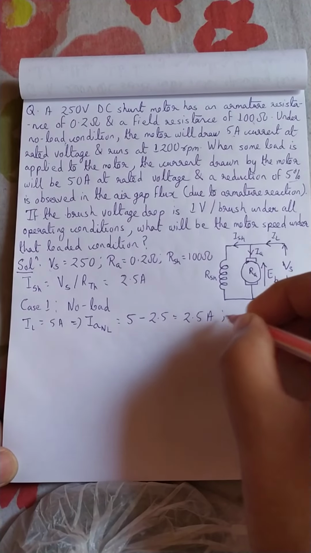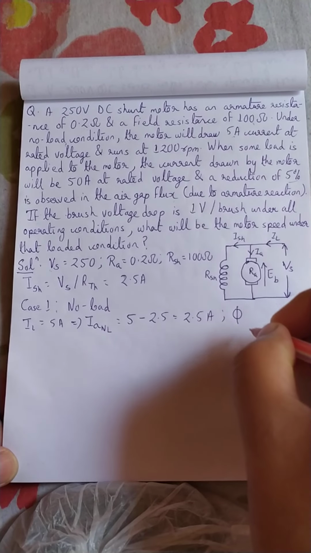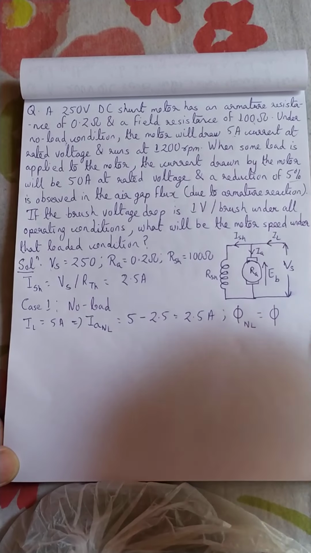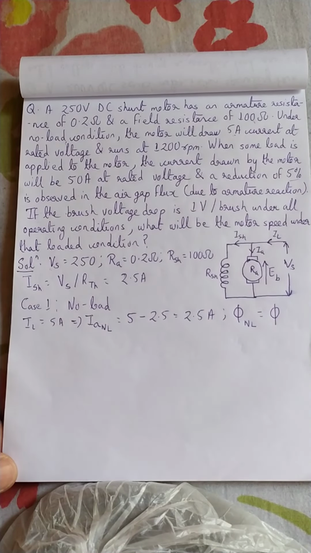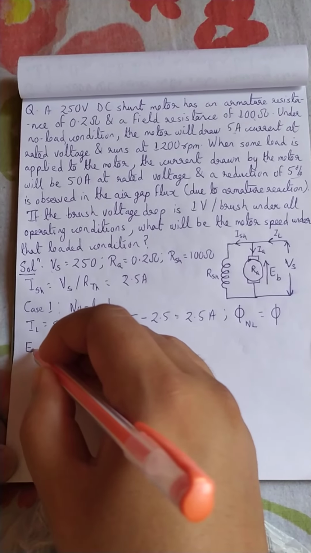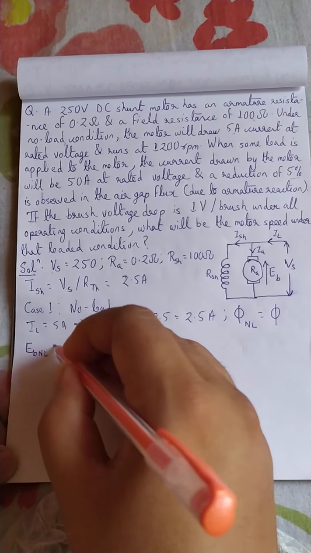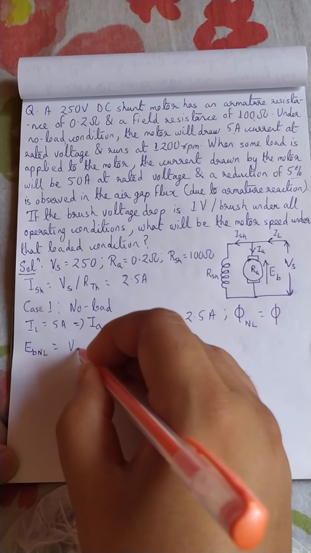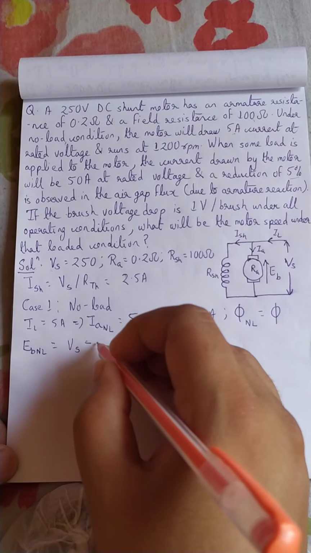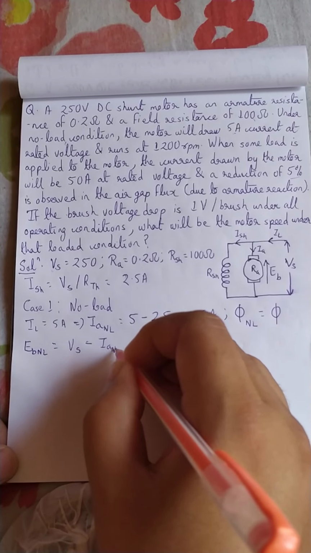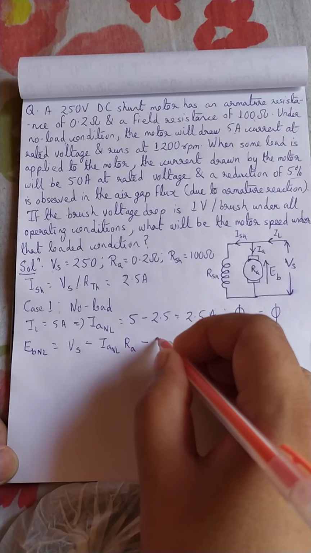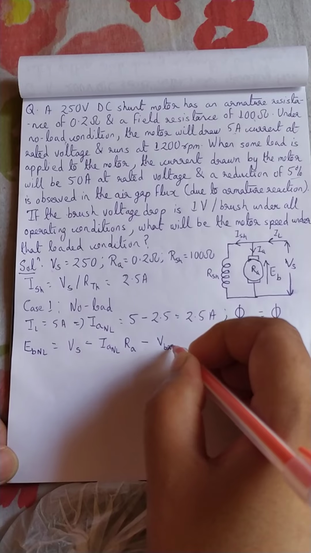The flux phi under no load condition, we can assume to be equal to phi. Under this no load condition, the back EMF EBNL is Vs minus IANL into RA minus the brush voltage drop.